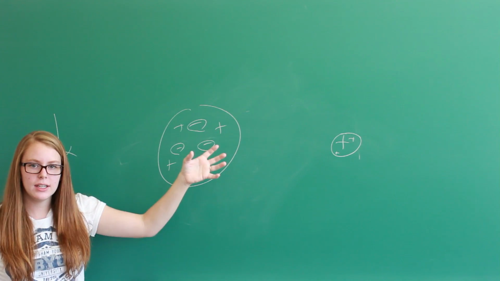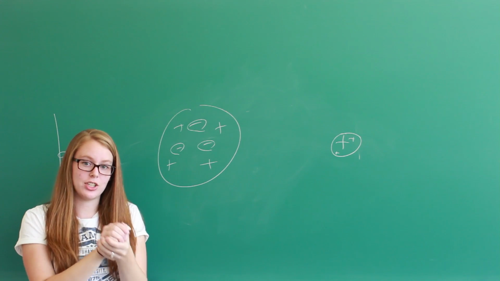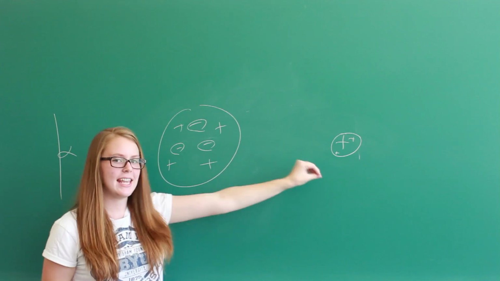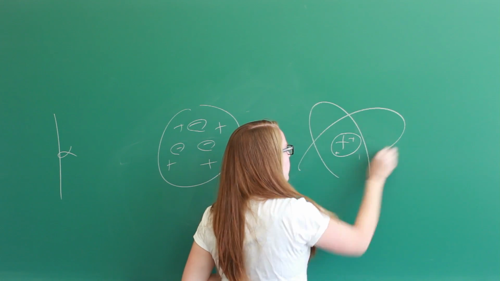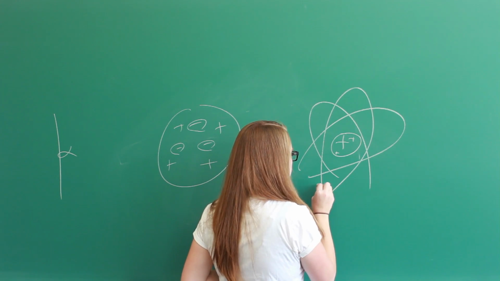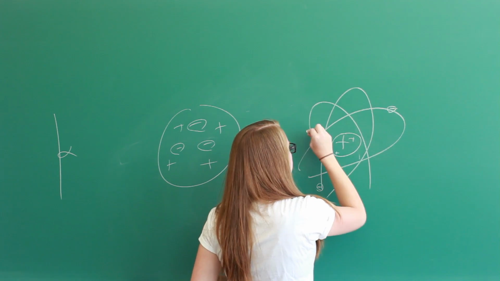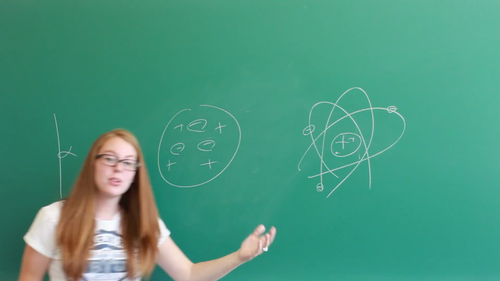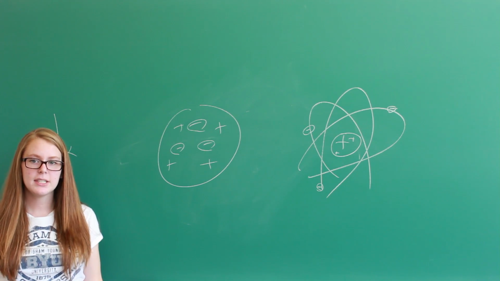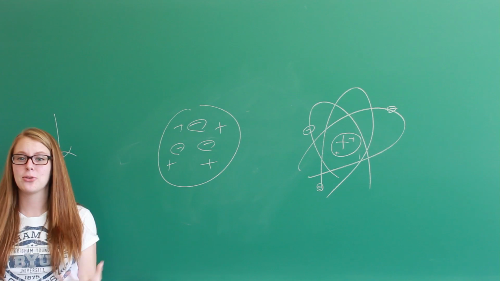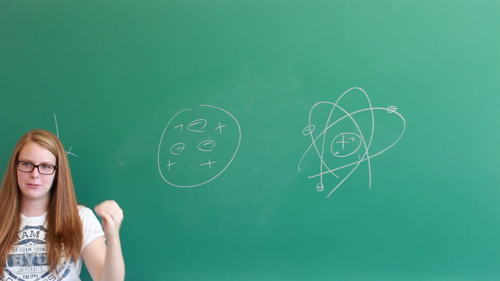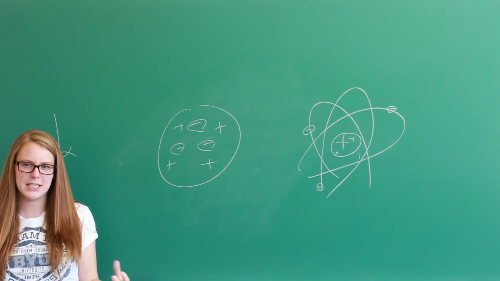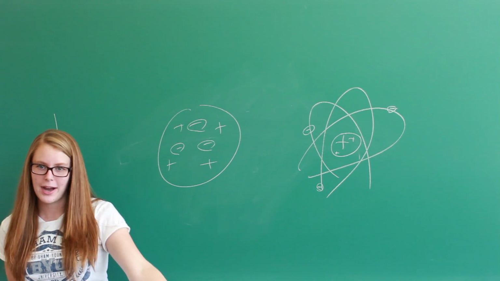That would allow it to have a dense enough concentration of charge for the alpha particle to hit it and bounce back. And the electrons would be orbiting around the nucleus. Another reason why it missed so many times is that the nucleus in comparison to the rest of the atom is so tiny. It's like putting a dime in the middle of a football stadium. So there was a lot of empty space for those alpha particles to go by and miss it.